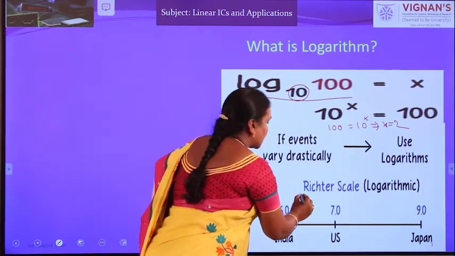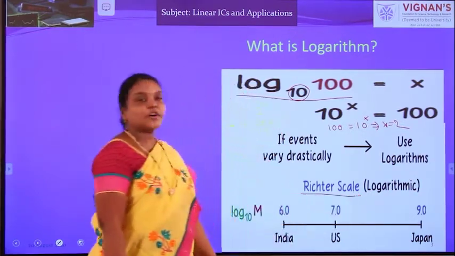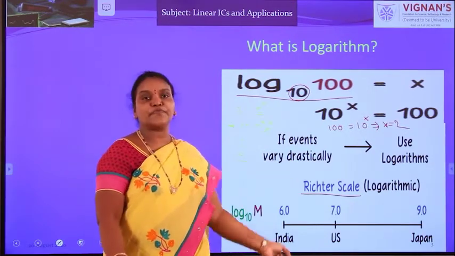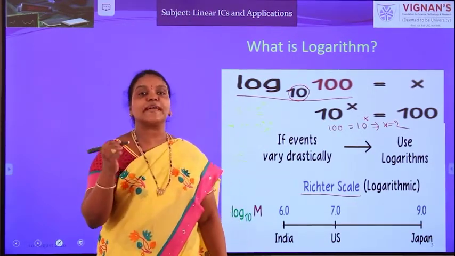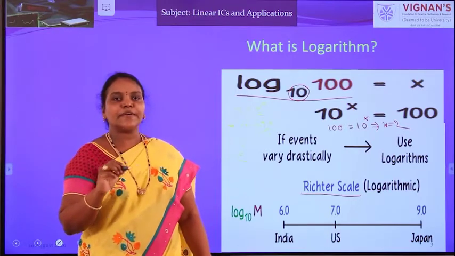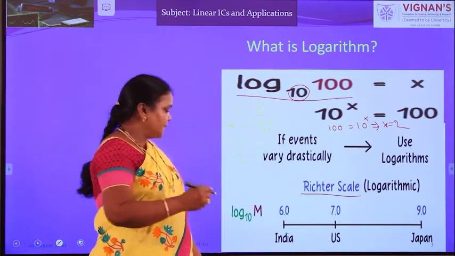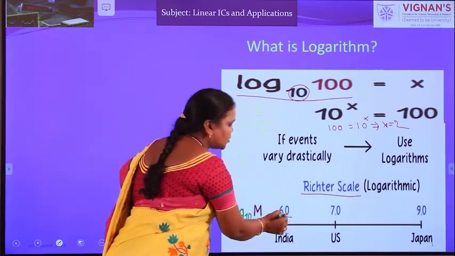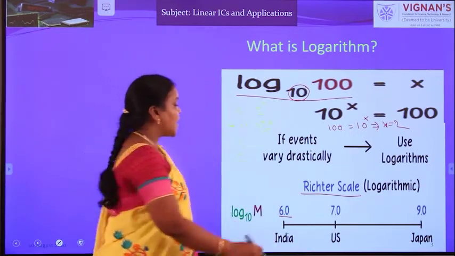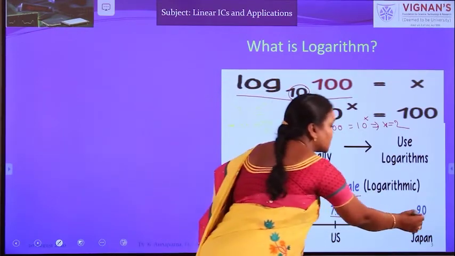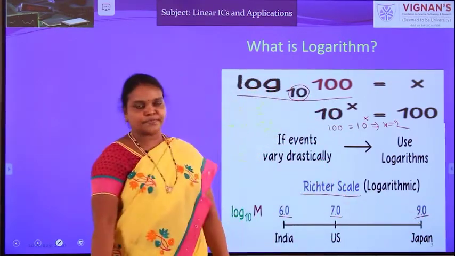Next, the main application of this logarithm is the Richter scale. It is used to find out the intensity of earthquakes, using the logarithmic scale. For example, in India it is 6.0, in the US 7.0, and in Japan it is 9.0.